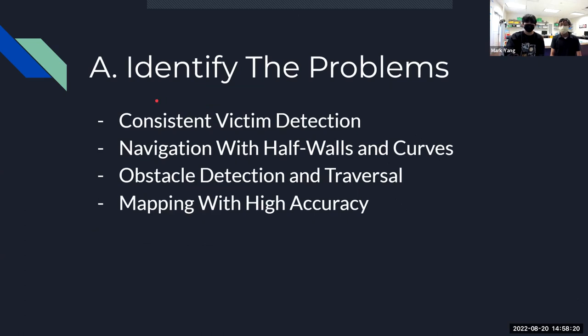For our competition specifically, these are some of the main issues that we came across while completing our robot. Some of these included consistent victim detection, navigation with half walls and curves, obstacle detection, traversal and avoidance, and mapping with high accuracy.